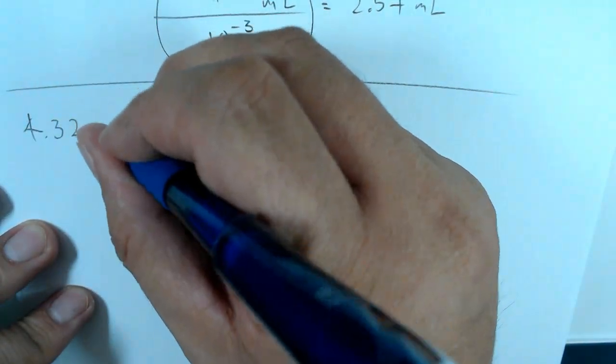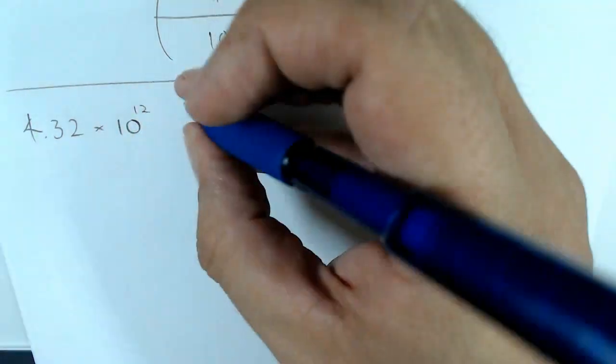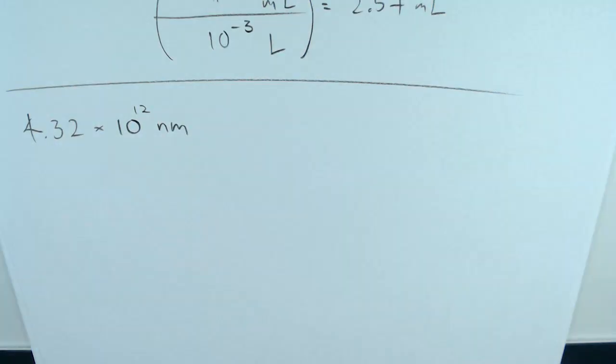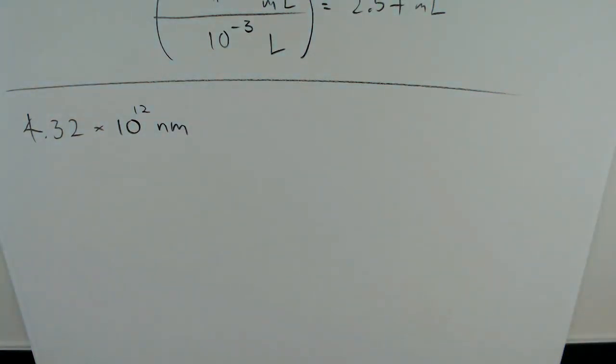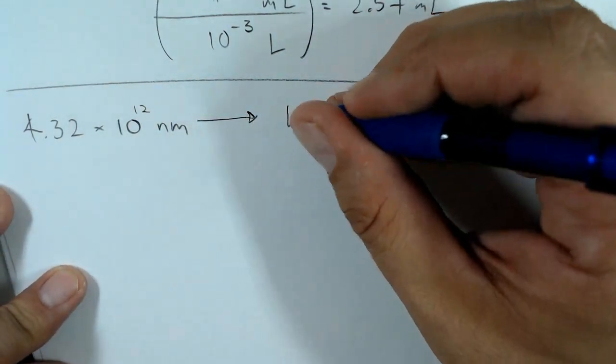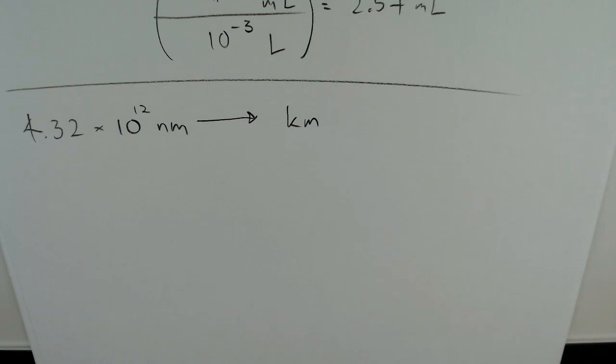4.32 times 10 to the 12. And let's say we're working with nanometers, and I want to convert this to kilometers. So you may notice here we don't actually have a direct conversion, but we do know a few things.